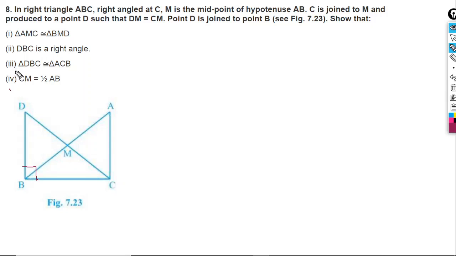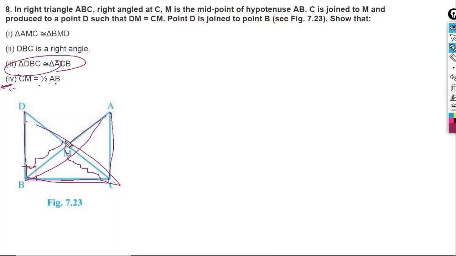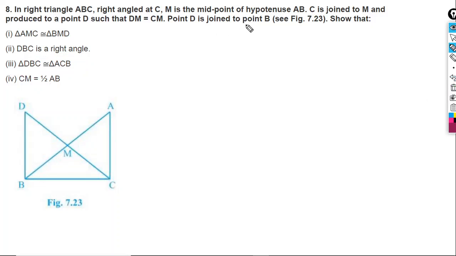Then what we have to prove? (iii) Triangle DBC and triangle ACB are congruent. This we will also prove. And finally (iv) CM equals 1 by 2 AB, that is CM equals half of AB. So let's start one by one. We will prove them all one by one.